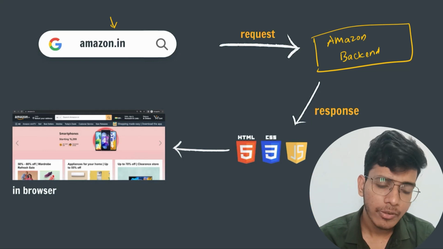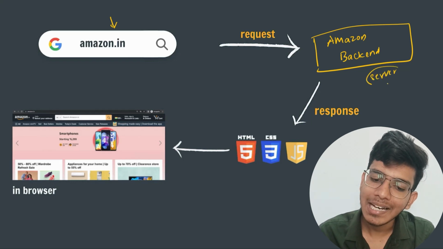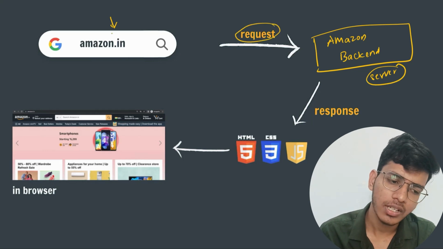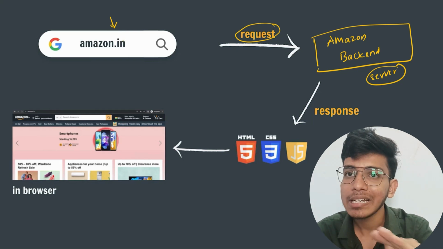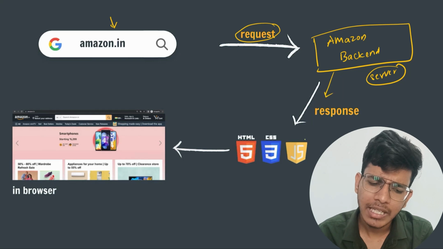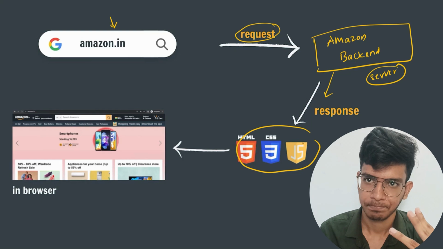Amazon servers will take the request of whatever you have typed, Amazon.in, and in return they have to give some response, right? In response they will give you a bundle of HTML, CSS, JavaScript.